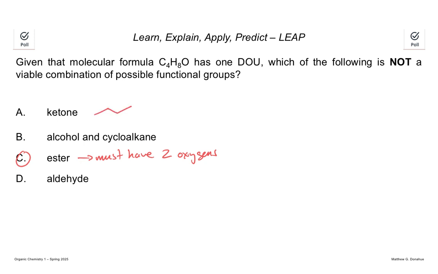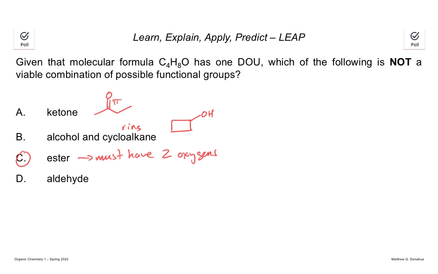So if we had 4 carbon atoms and we wanted to make a ketone, that could be a possible structure. So the degree of unsaturation is the pi bond. In choice B, the degree of unsaturation is a ring. So if we had 4 carbon atoms in a ring, and then we plopped in an alcohol to take care of the oxygen, that could be a constitutional isomer.